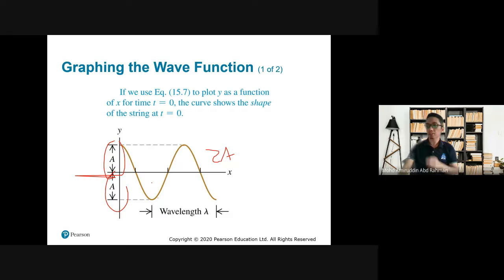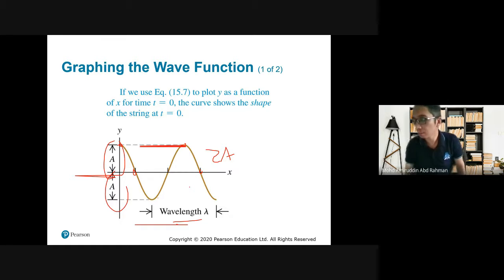Between one amplitude meeting another amplitude, that's considered as one wavelength. Wherever it is, over here or here or over here, as long as it is the same amplitude meeting the next amplitude, it's considered as one wavelength.